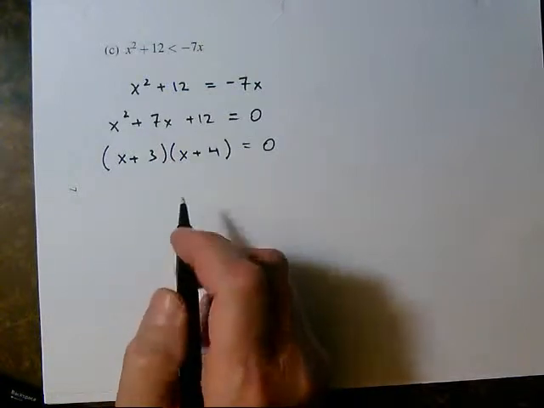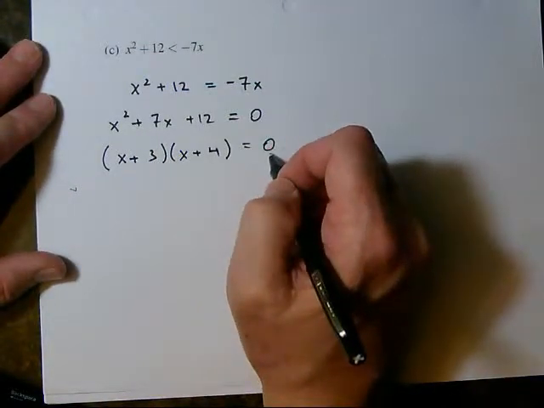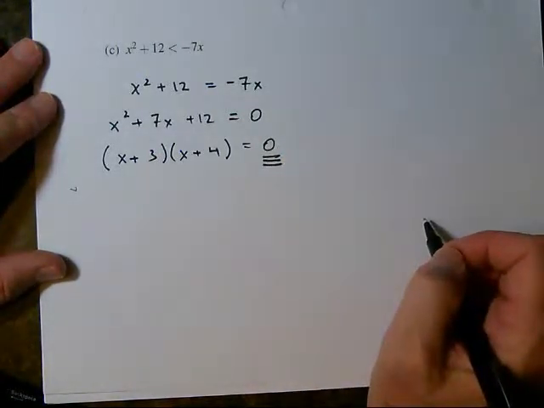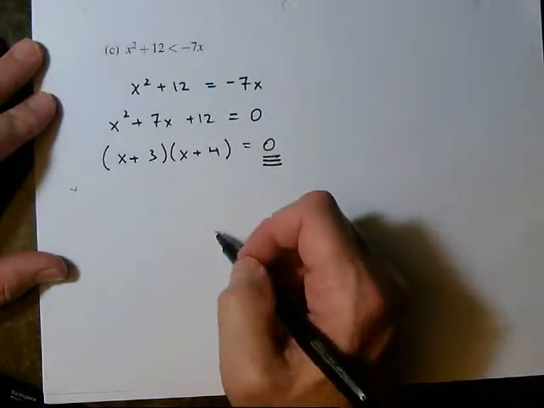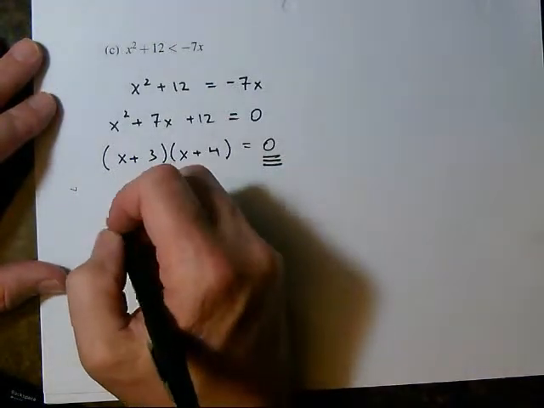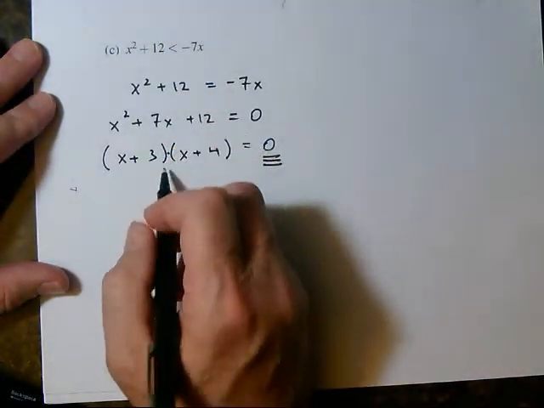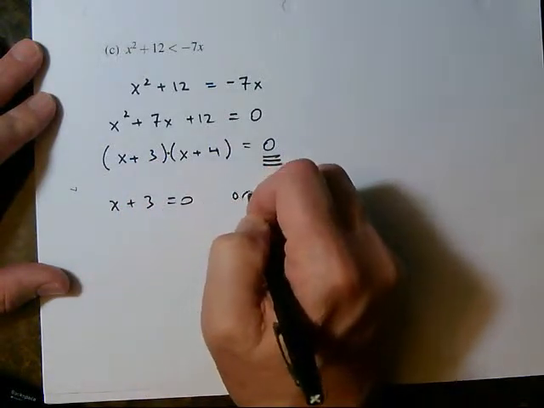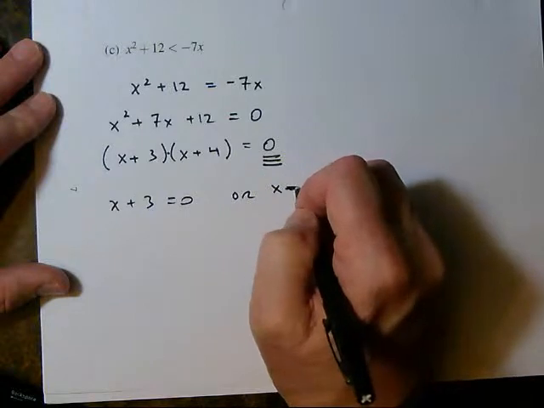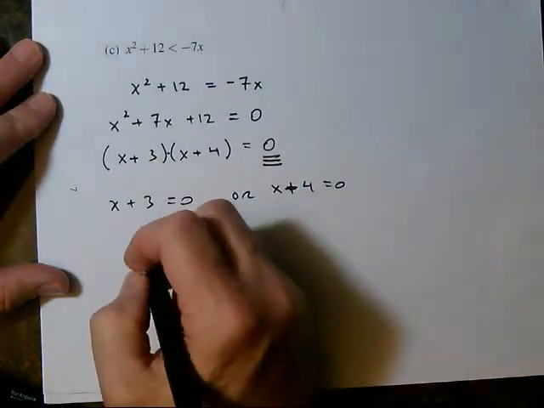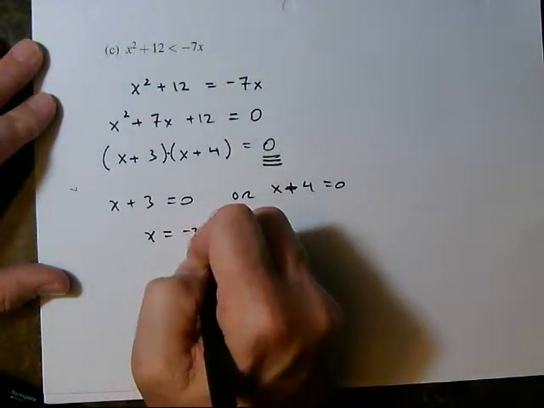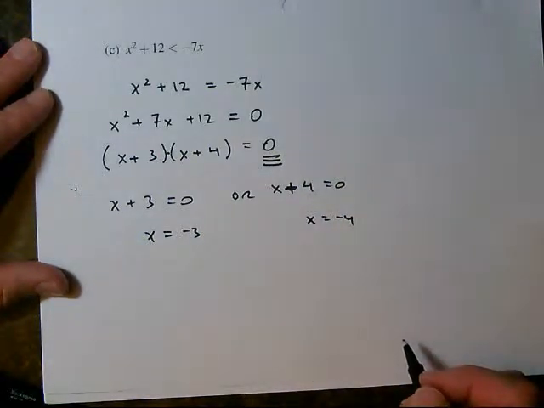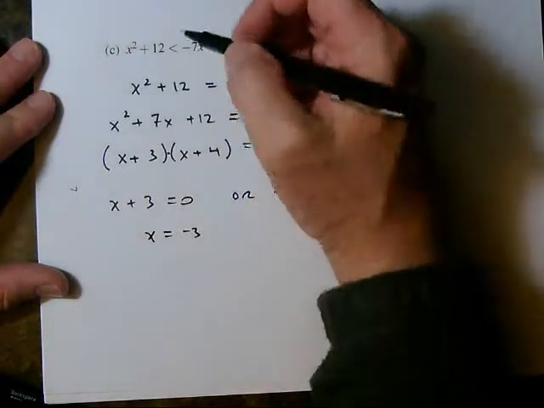I could check that by foiling, and I should arrive back at the previous step. Since it's equal to 0, it's important that you be equal to 0 if you're solving by factoring. If you're not equal to 0, then what you would write next would be gibberish. But since we equal 0, since we are multiplying, we know that x plus 3 equals 0, or x plus 4 equals 0. So x equals negative 3, x equals negative 4.